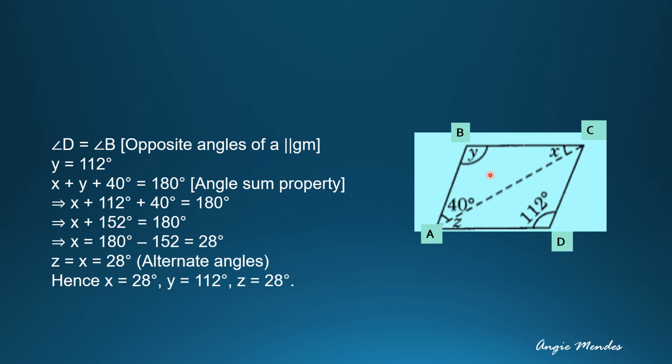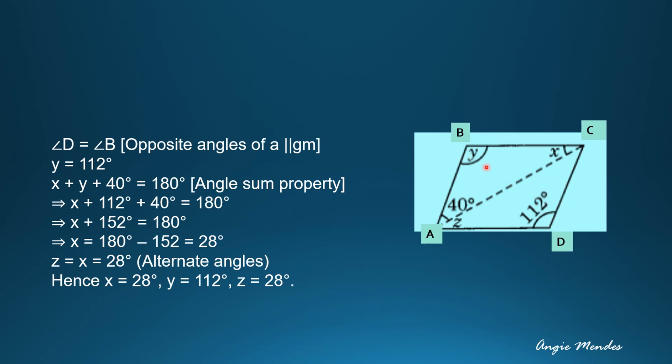Now let's take an example of how we could use this property in solving a given sum. So in this parallelogram, we have the transversal here, and we have to find the measure of angle X, Y, and Z. So here angle D, which is given 112 degrees, is equal to angle Y. Can you tell me why?